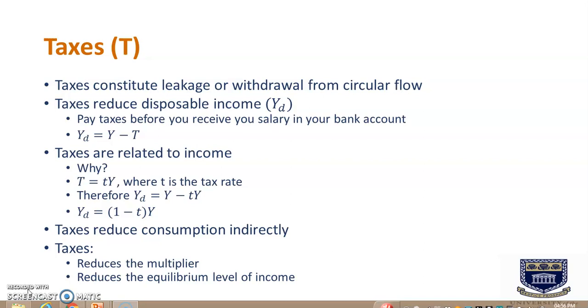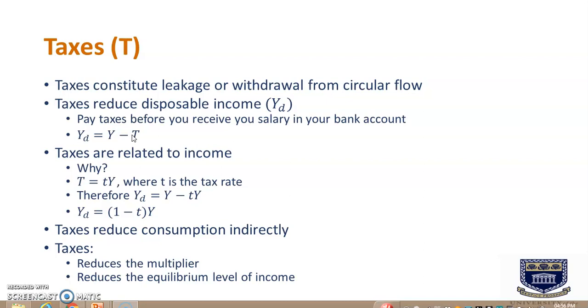We say that taxes reduce the disposable income, YD, of households. Disposable income is thus YD equal to Y minus T. By reducing disposable income, taxes indirectly reduce consumption spending by households.